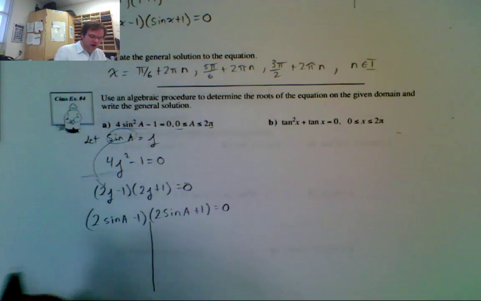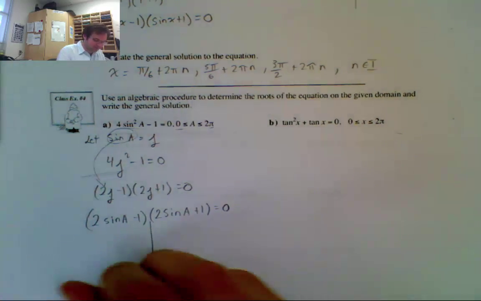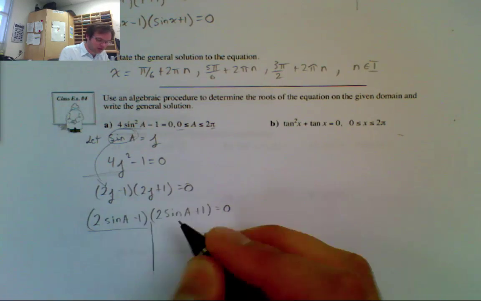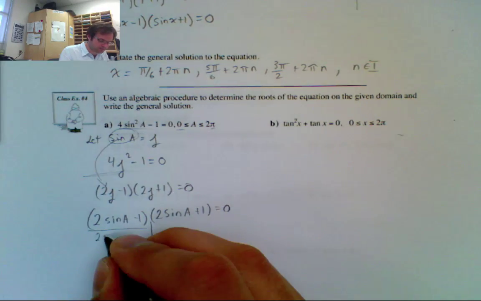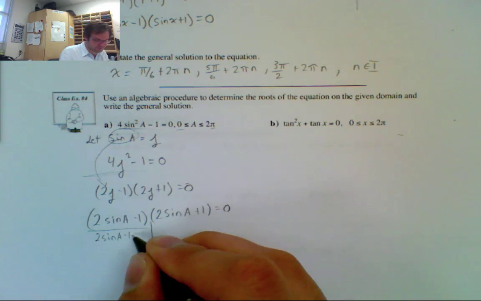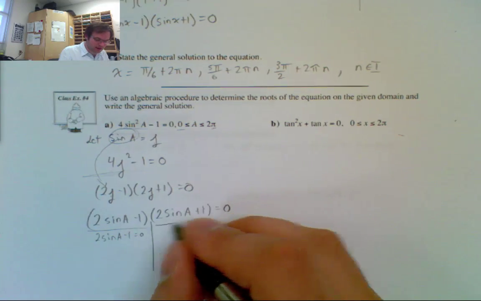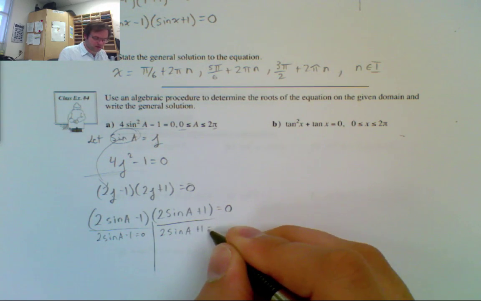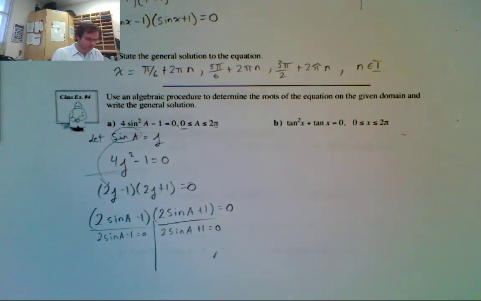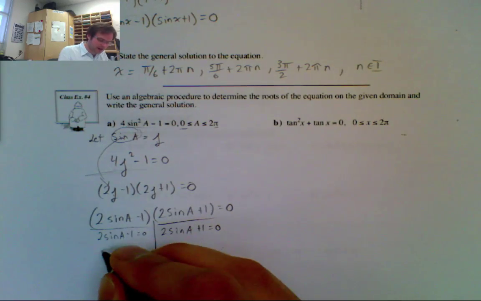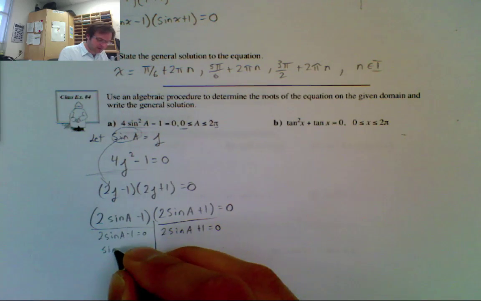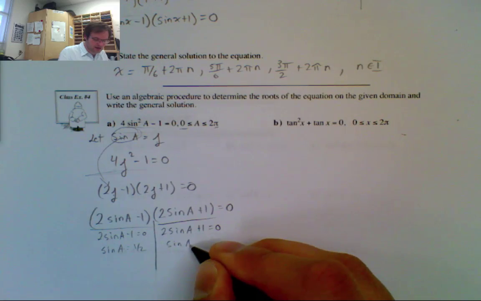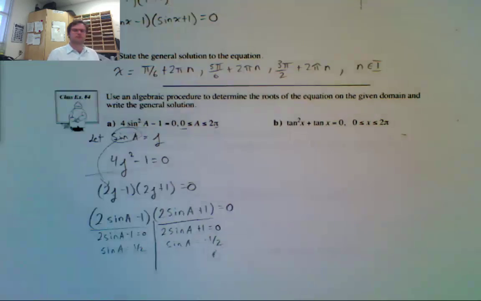Because it's factored, we could have 2 sine A minus 1 is equal to 0, and we could have 2 sine A plus 1 is equal to 0. Alright? So if I solve this, we could have sine A is equal to 1 over 2, or sine A is equal to negative 1 over 2.